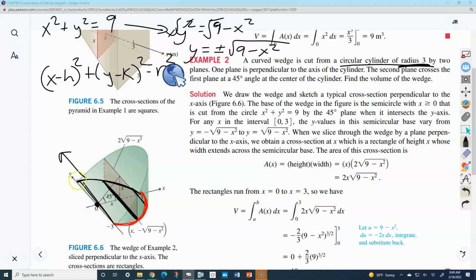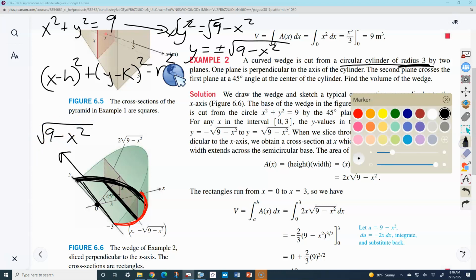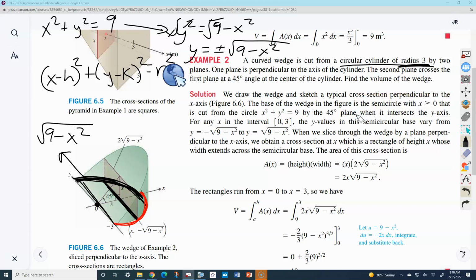Which means the top half of this circle, the semicircle up here, is the square root of 9 minus x squared. And the bottom half, the semicircle down here, is negative square root of 9 minus x squared.